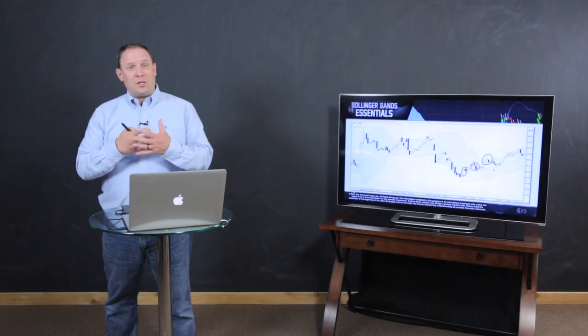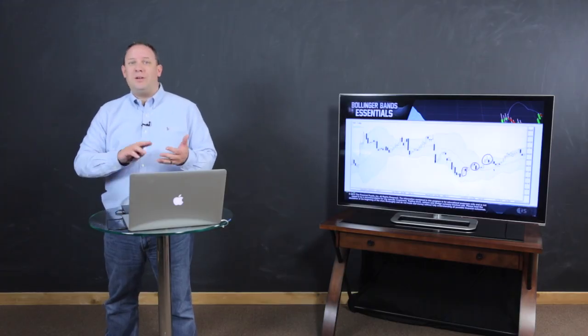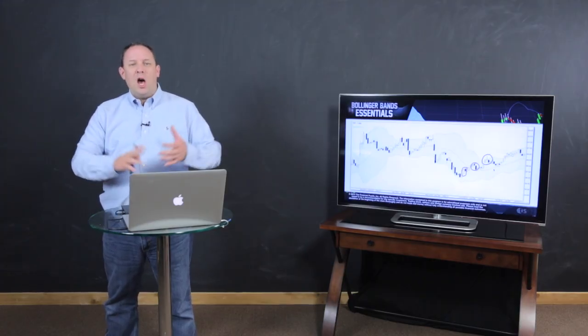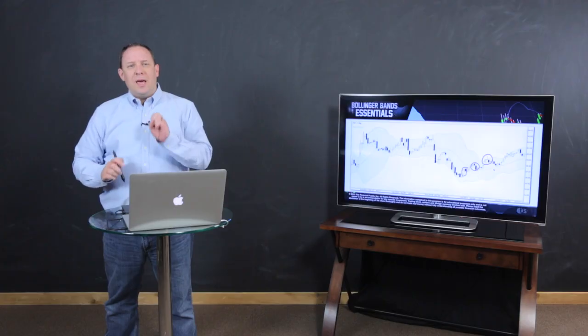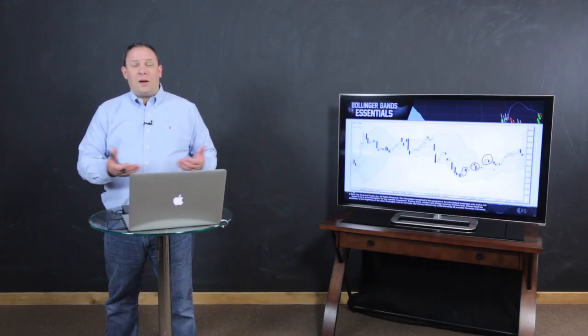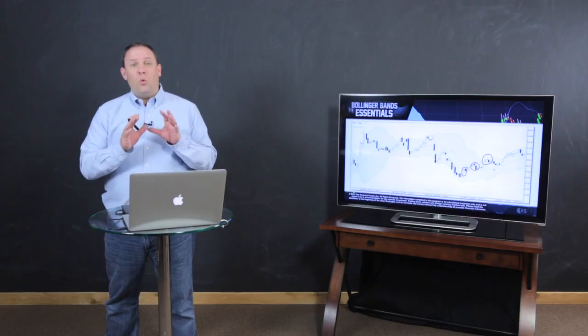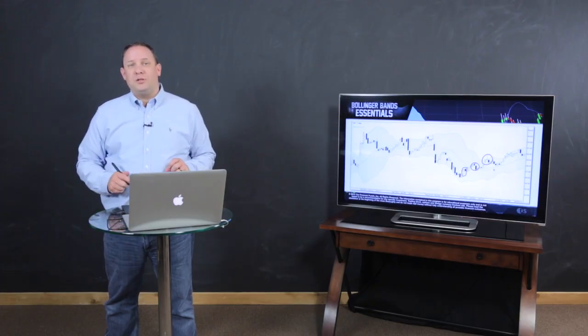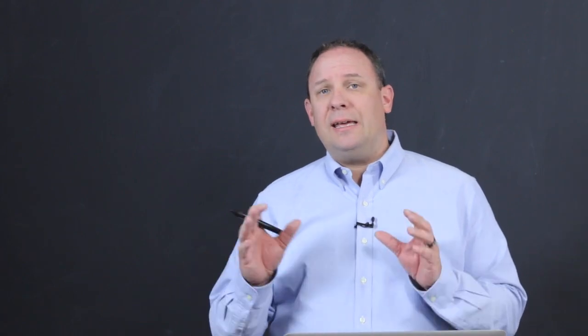And when we start to synthesize it all together, you've got the patterns, you've got your bandwidth, you've got your percent B, all happening inside these bands, and you start to get some really powerful signals that in many cases will kind of write your trading script for you when you learn to do the analysis and learn to interpret the information that you're seeing there. So as we summarize our candles, you start to see that candles are really important in terms of interpreting the sentiment as it's moving day to day in those Bollingers.